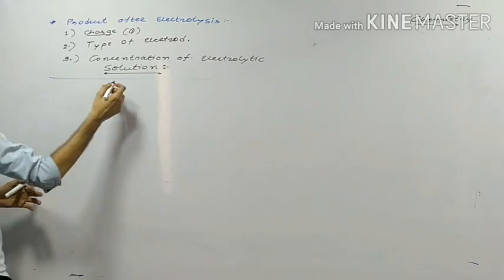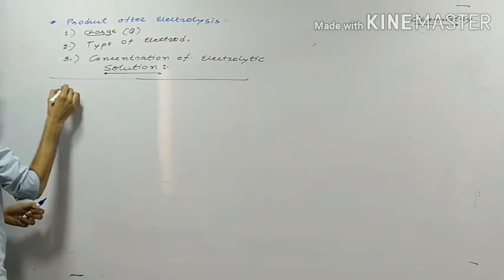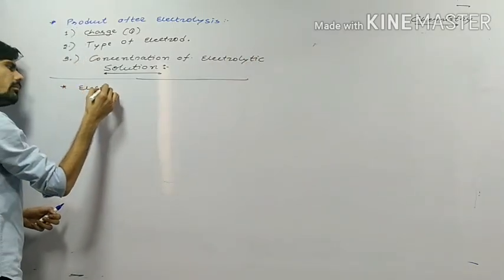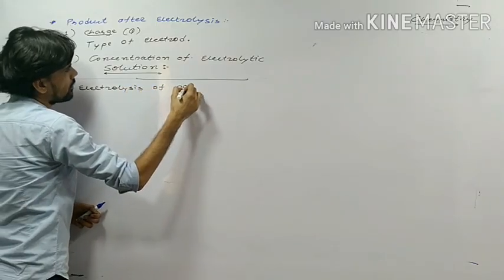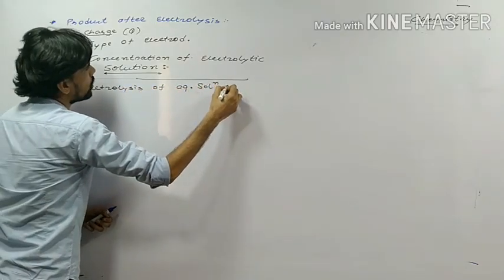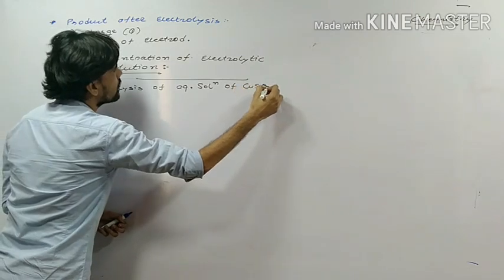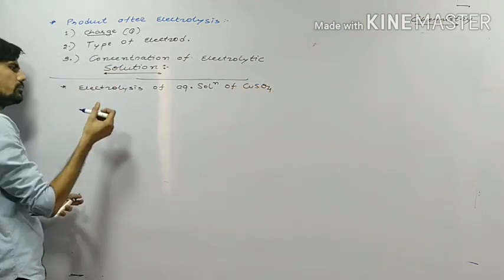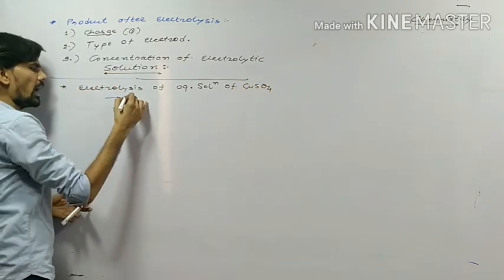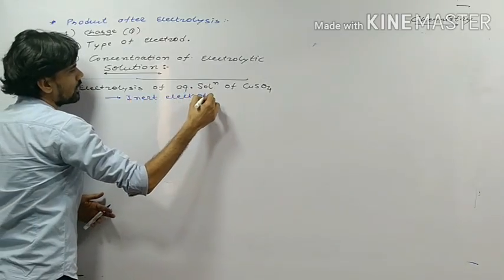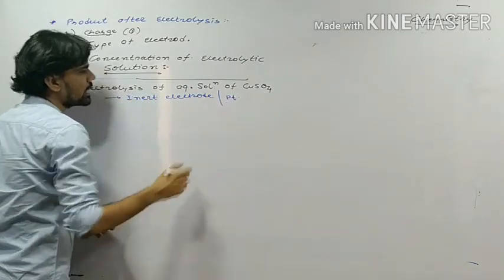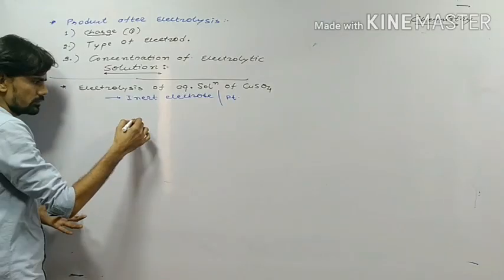Now, electrolysis of aqueous solution of CuSO4 with the help of inert electrode or platinum electrode.